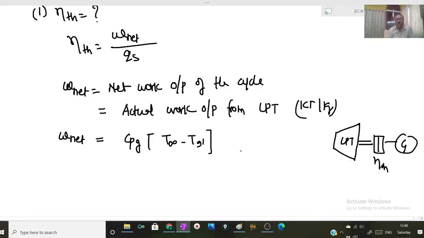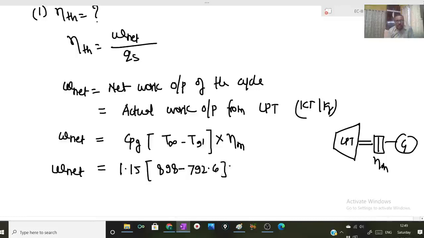So some of the power loss is taking place due to 95% of mechanical efficiency. So what will be the actual output available at the generator shaft? This much. So this will be the net work output of the cycle available to drive the generator. So 1.15 into 898 minus 792.6 into 0.95.